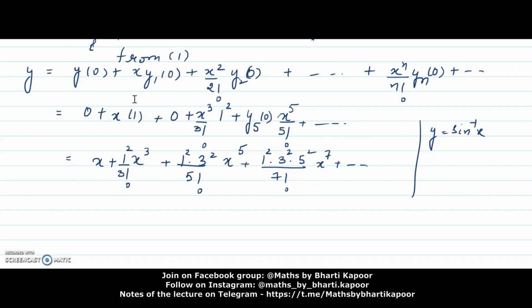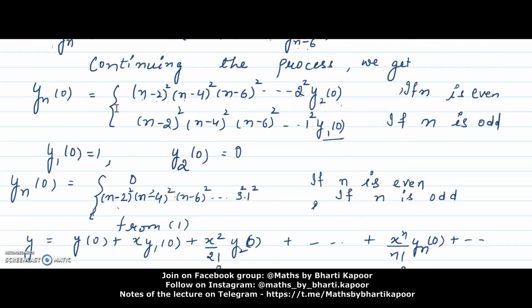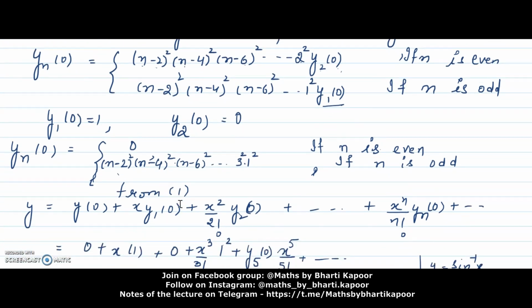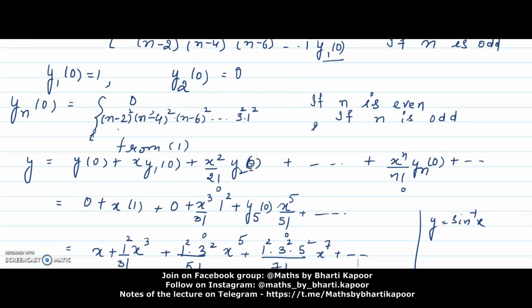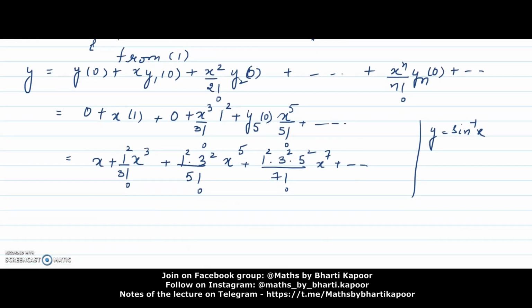So basically what we have done is obtained the value of yn(0) when n is odd: taking n equal to 3, we obtained y3(0), and taking n equal to 5, we obtained y5(0), and substituted these values in equation number 1. Because all the even terms will be 0, we will be left with the odd powers of x. So this is the required value of sine inverse x, because y is nothing but sine inverse x.